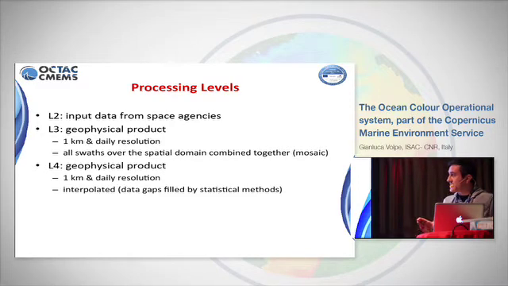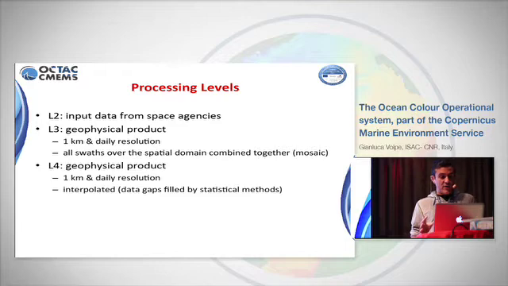In our case, it has to do with 1 kilometer and daily resolution for both levels. The level 3 is only about the combination of all the satellite sensors, while the level 4 has to do with gap filling, so we use interpolation.